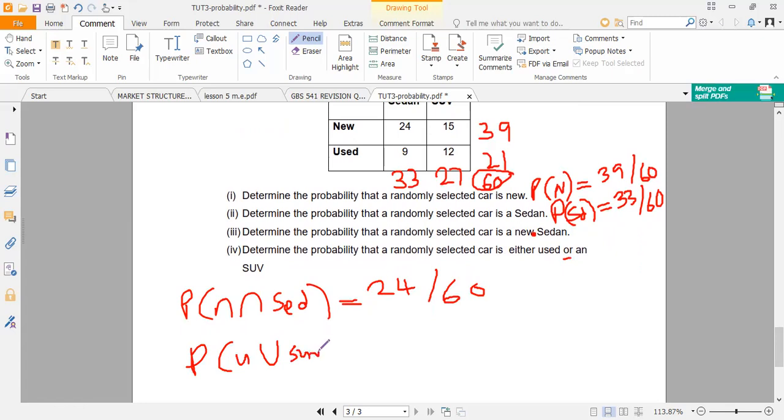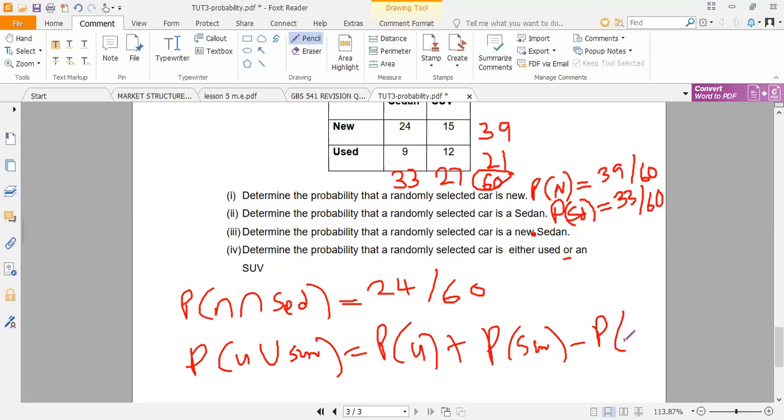Probability of used plus probability of SUV, minus the probability of used intersection SUV. So you find the answer there.